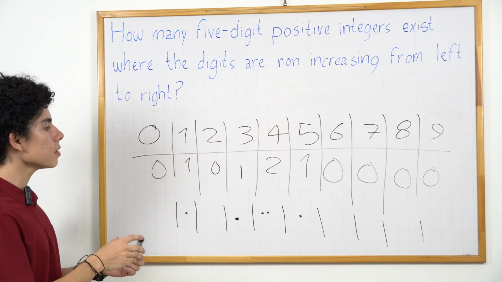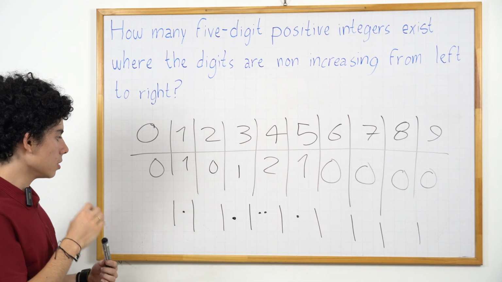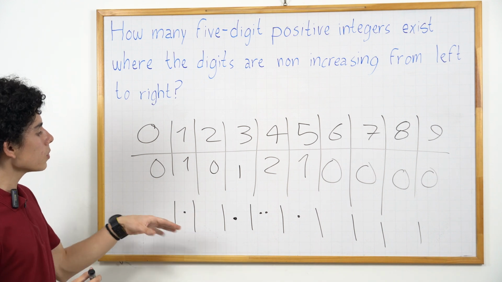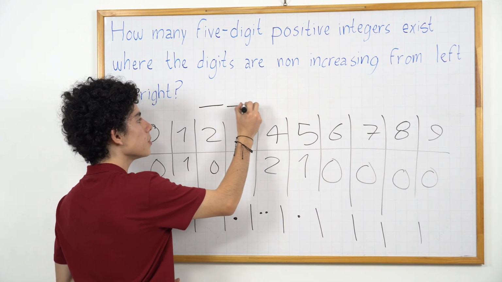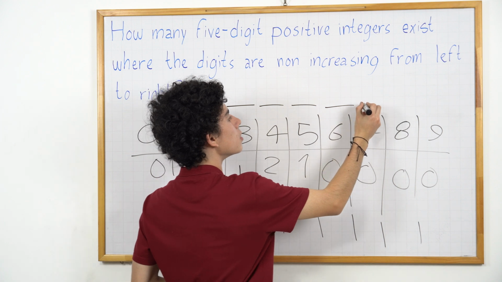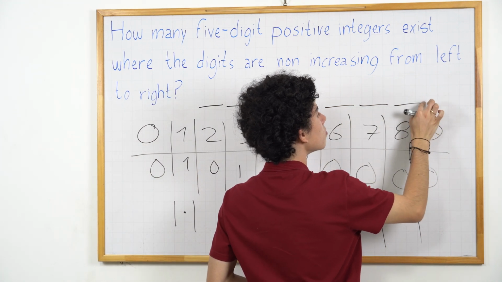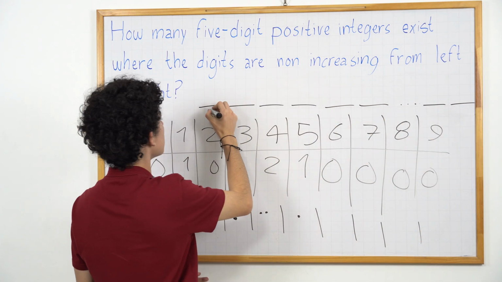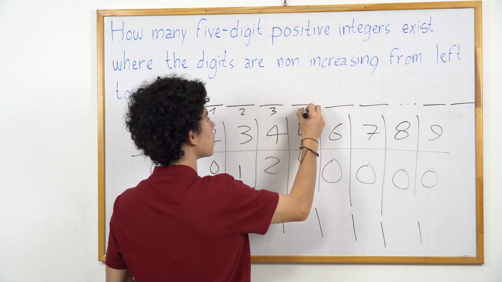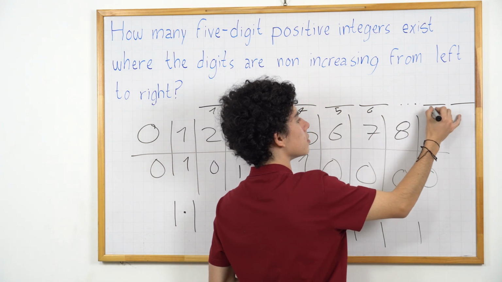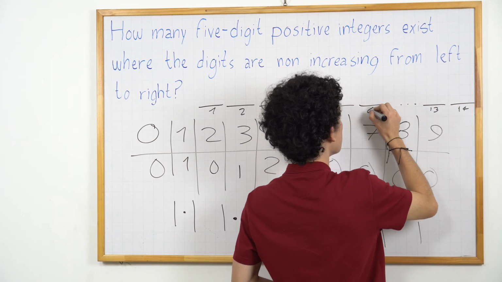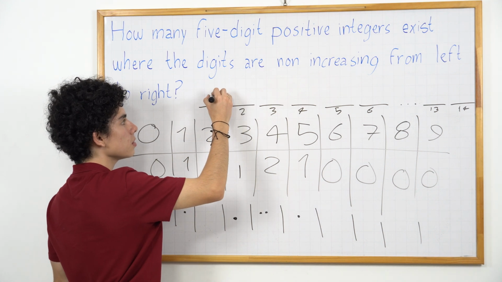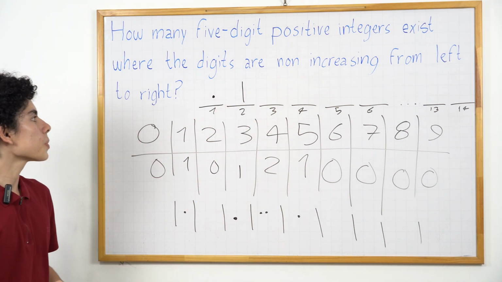This would still be a possible option, a different option, and what we did was just exchanging spaces. So we can also represent this as having 14 spaces. This is 1, this is 2, this is 3, this is 4, this is 5, this is 6, up to 13, and this is 14. And we know that we can have in these spaces either a dot or a divider.